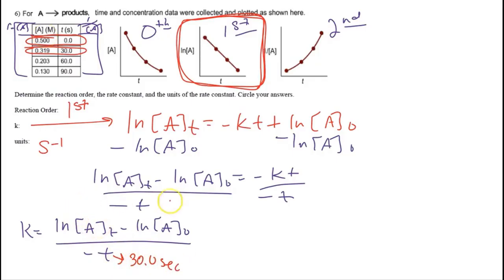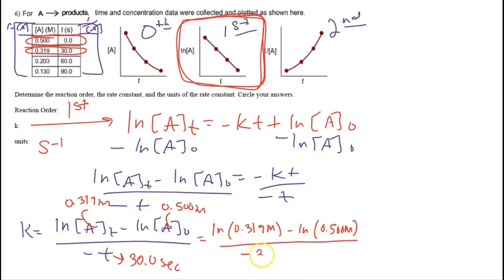My initial concentration, 0.500 molar. My final concentration, 0.319 molar. All I got to do is plug it in now. I have natural log of 0.319 molar minus natural log of 0.500 molar divided by minus 30.0 seconds.